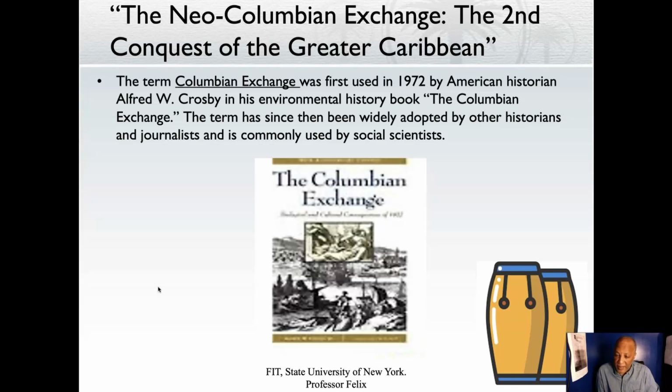Guyana that we know of today, but also French Guyana, which is French controlled territory on South America, and then Suriname. Okay, so just becoming familiar again with that term Greater Caribbean and not to be confused with the Greater Antilles.